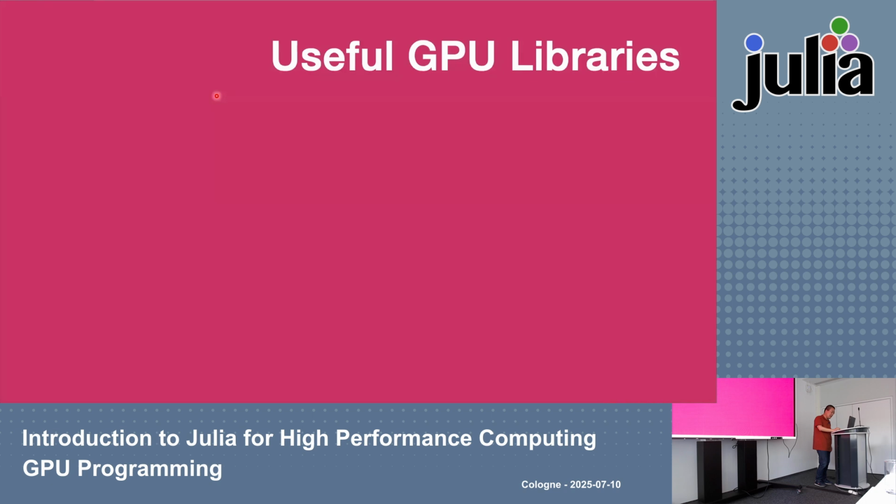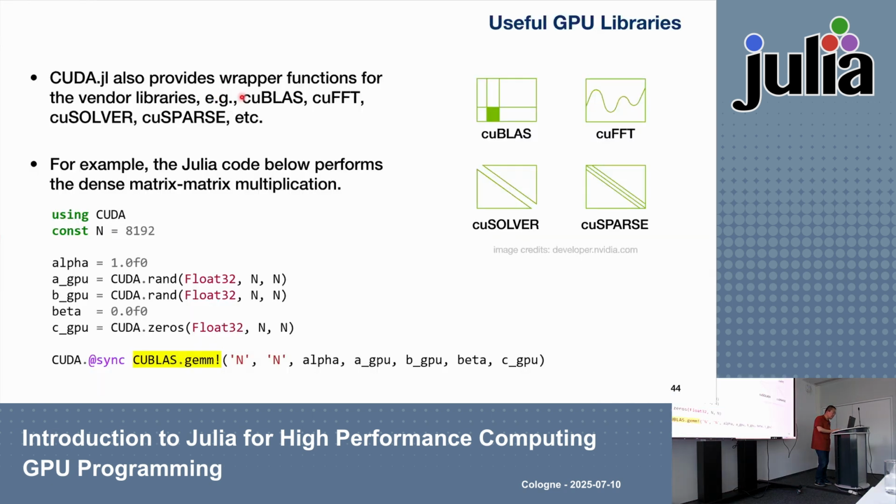And last but not least, let's move quickly to the GPU library. If you are using Julia, you can easily use other available CUDA libraries like cuBLAS, cuFFT, you know, the fast Fourier transform, random number generation, whatever solver. You can easily use it with only one line of code. For example, most of you may know matrix multiplication.